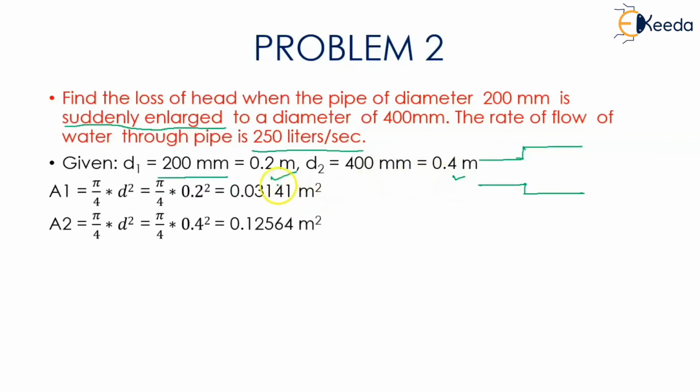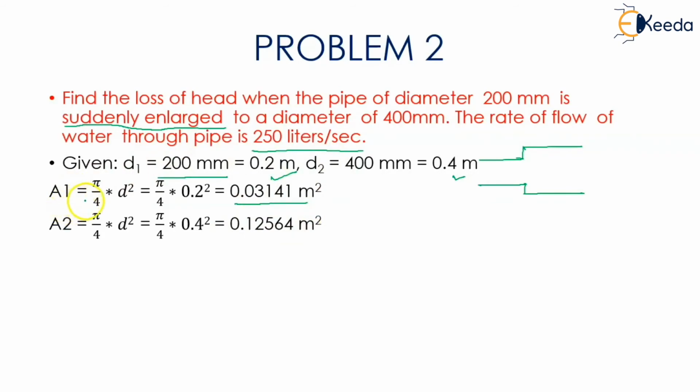Now to calculate the area, A1 will be pi by 4 into d square, which is pi by 4 into 0.2 square. We get 0.03141 meter square. A2 will be pi by 4 into 0.4 square. So this is 0.12564 meter square. So now we have D1 and D2, and similarly A1 and A2.